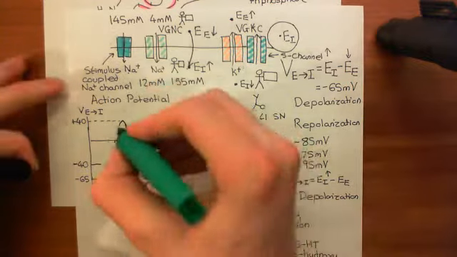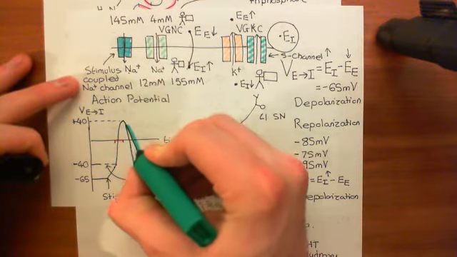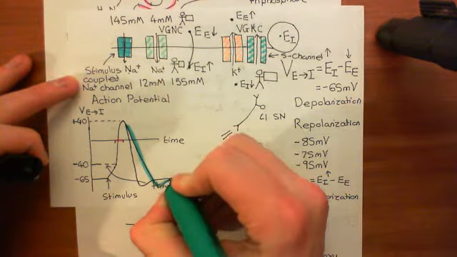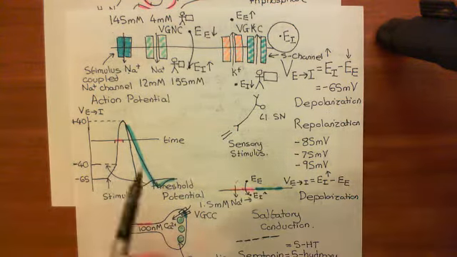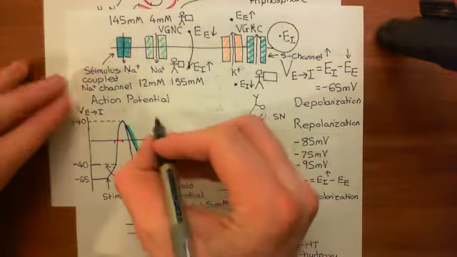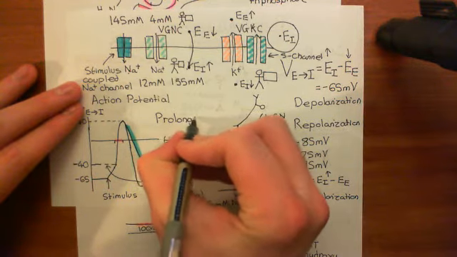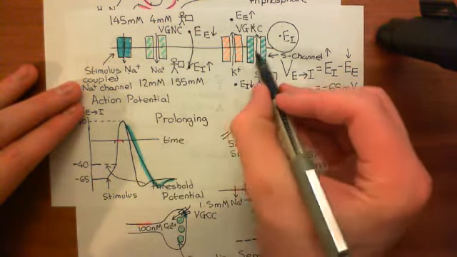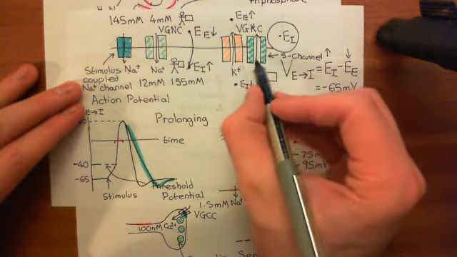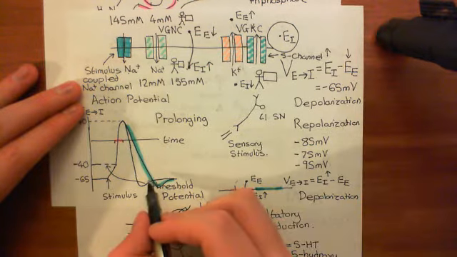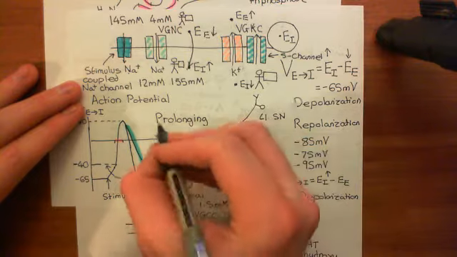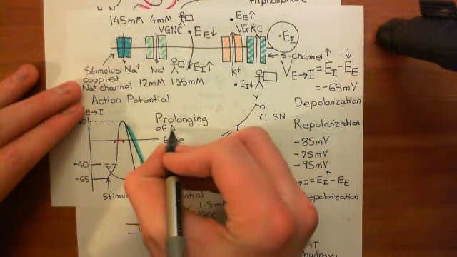Once you've closed that S channel, it goes to this thing in turquoise here, so it prolongs basically. The action potential now lasts longer. So closing these S channels is going to cause the prolonging of the action potential because of the contribution of these S channels to the repolarization.